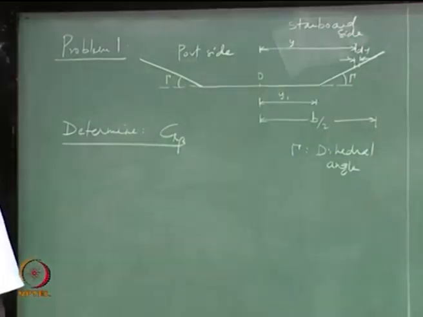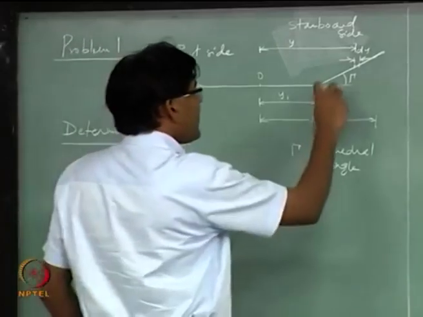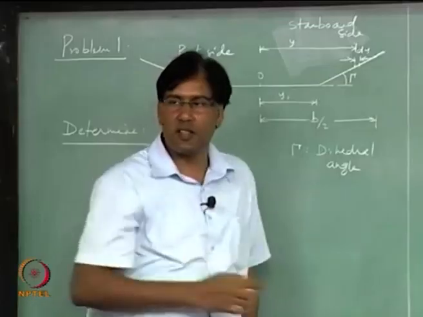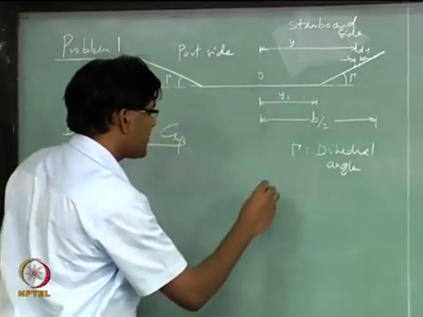So, c is not changing, okay, it is not a tapered wing, right. So, chord length of each section on the wing is same, okay. We will assume that.